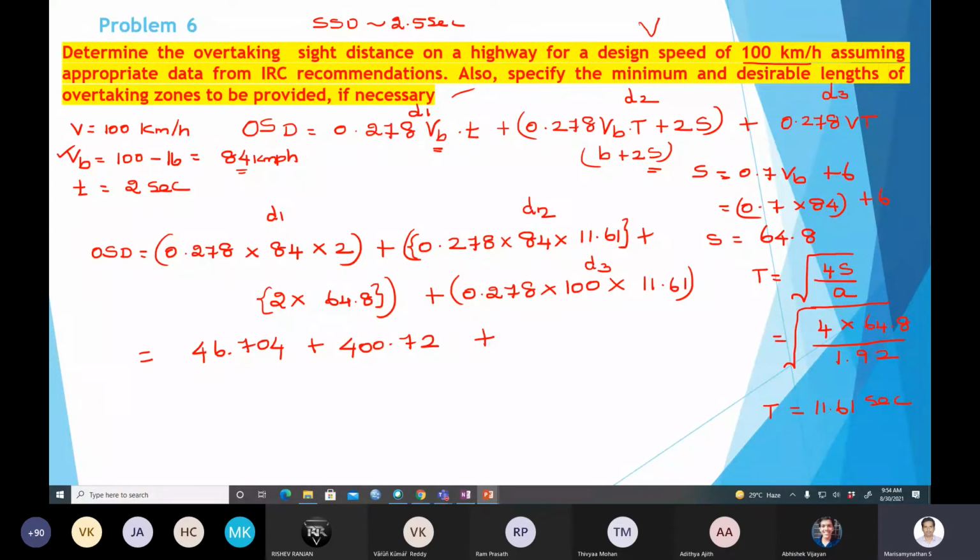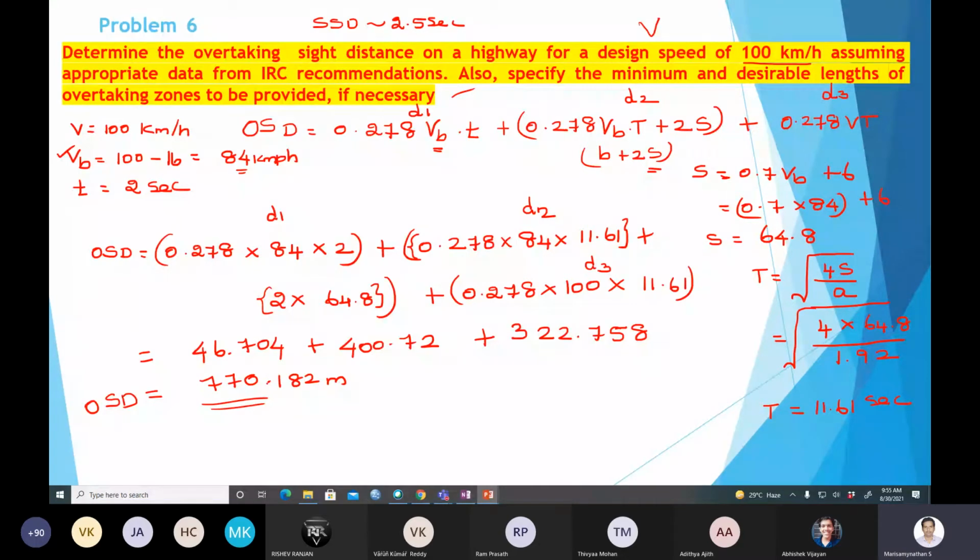0.278 into 100 into 11.61 gives 322.758. So this is the value I'm getting, and adding all these three components, the overall overtaking sight distance is approximately 771.82 meters.